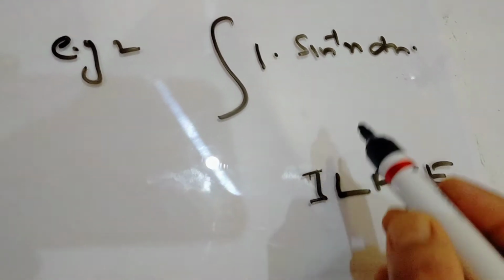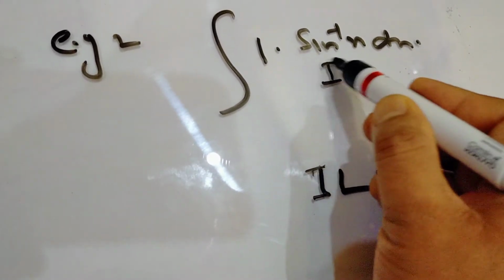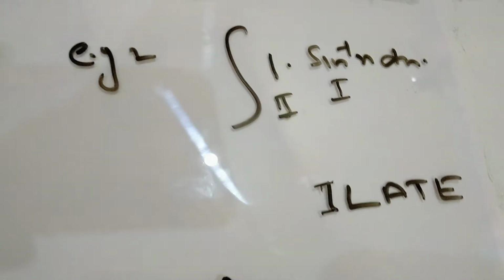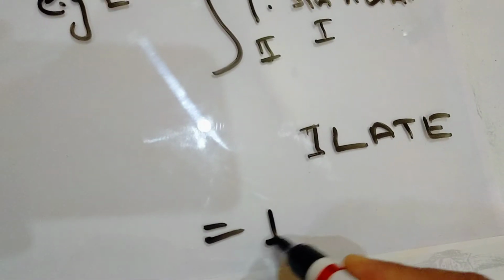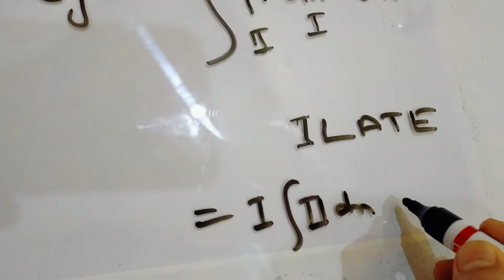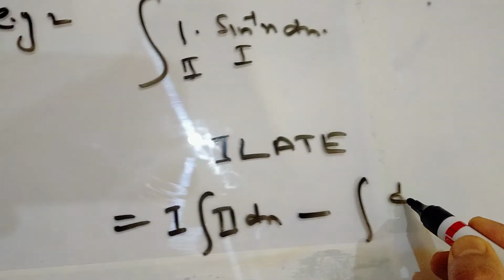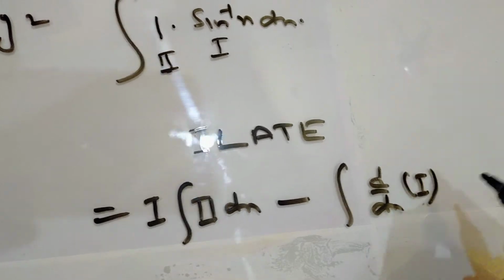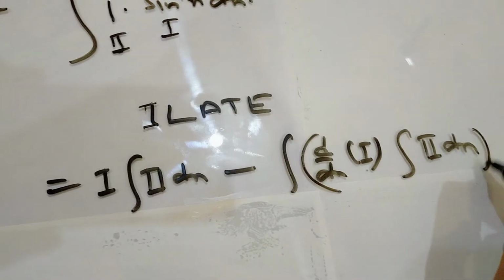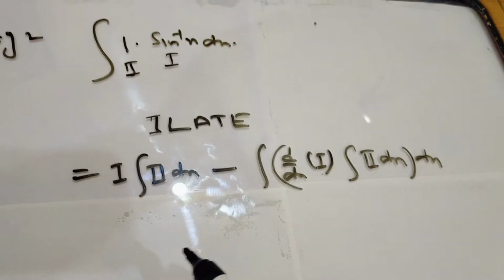So we will take the inverse function as the first function and 1 as the second function. Now we have to apply the formula. First function as it is, integration of the second function, minus differentiation of the first function, then integration of the second function, then whole dx.